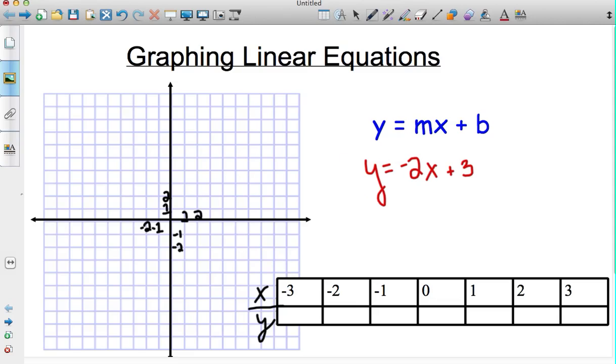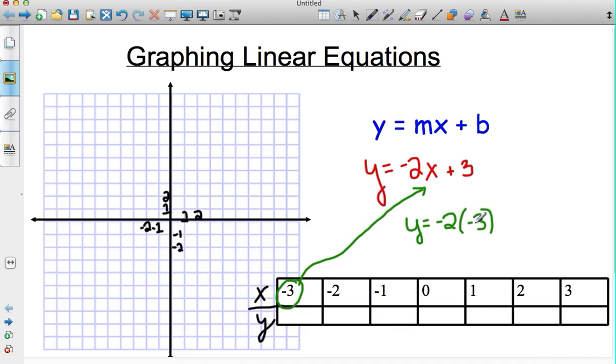So here's how this works. First, you take this first number, this negative 3, and we're going to put it in for x right here. So my new equation becomes y equals negative 2 times negative 3. Remember, we're going to write times. This is negative 2 times x.